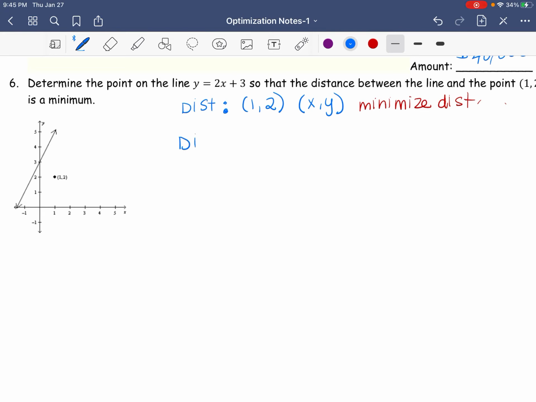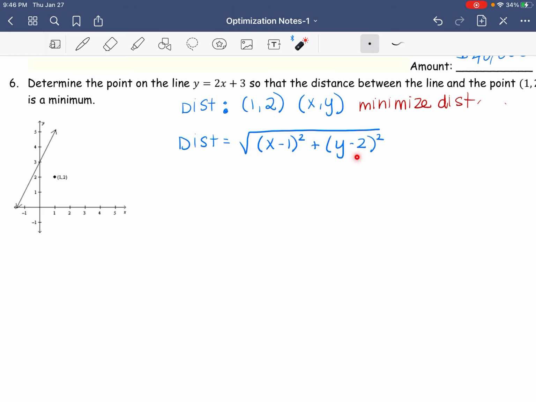The distance between 2 points can be found by taking the square root of, and then we subtract our x coordinates, so x minus 1 squared, plus, then we subtract our y coordinates, y minus 2 squared. This is the equation that we're trying to minimize.